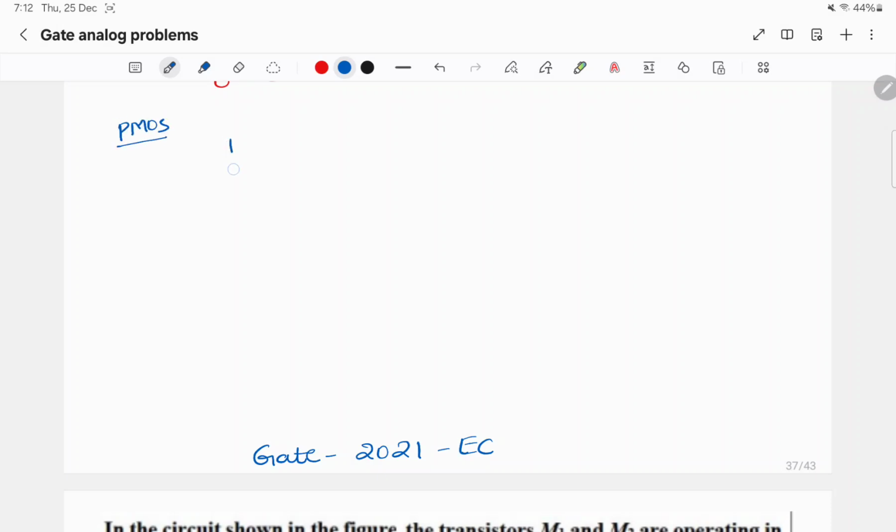For PMOS, let us consider source, drain, and gate. The small signal equivalent is the current will flow from source to drain, and the value of current is Gm VSG.